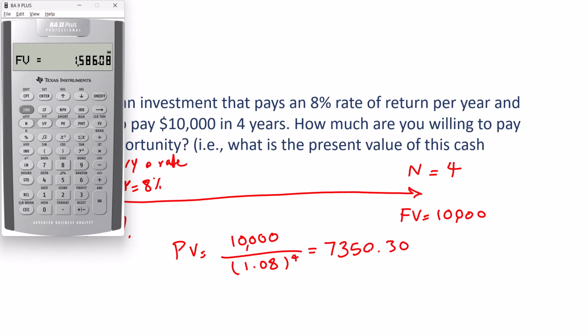First of all, we need to clear the TVM function. So we have $10,000 that we're going to receive in the future, 4 years, 8% is our IY, and then you compute the present value, which is 7,350.